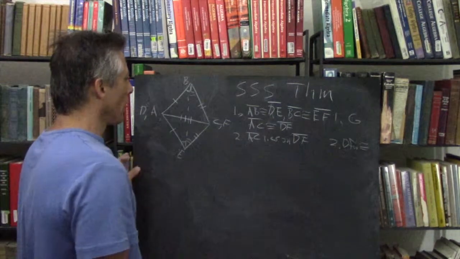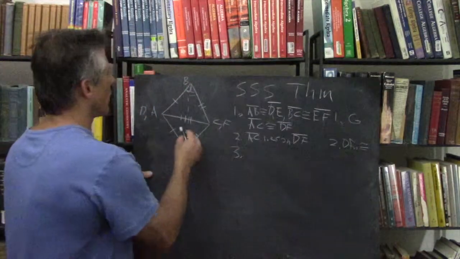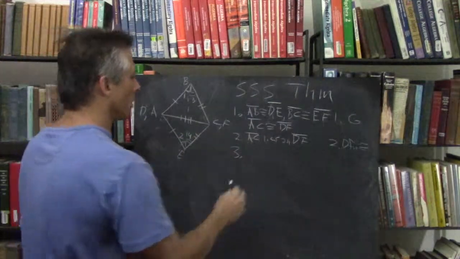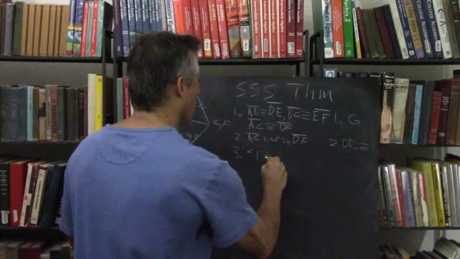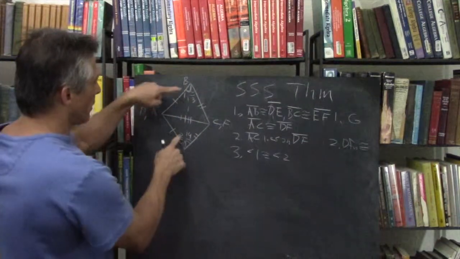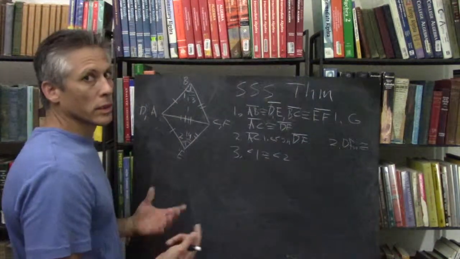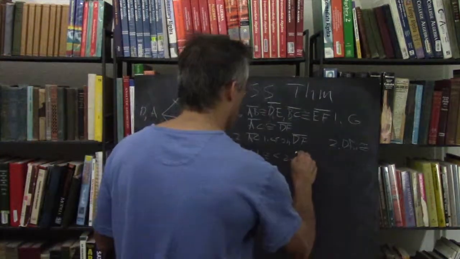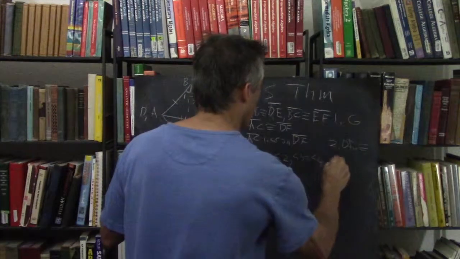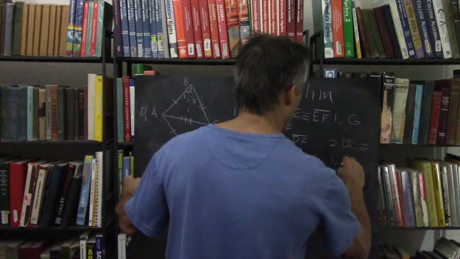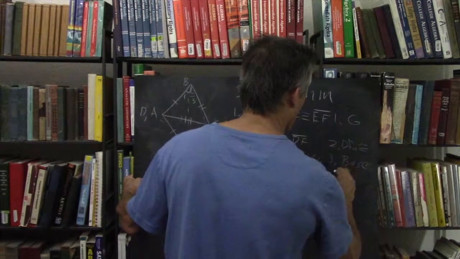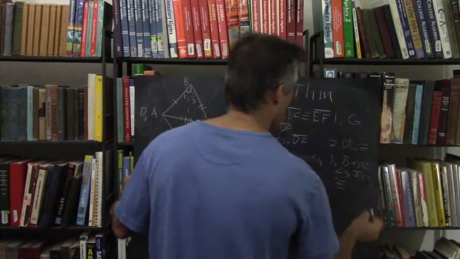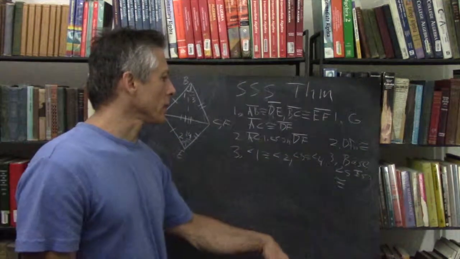All right, and then I'll call this angle 1, 2, 3, and 4. So angle 1 is congruent to angle 2, because base angles of an isosceles triangle are congruent, and 3 and 4 same thing. So that's base angles of an isosceles triangle are congruent.